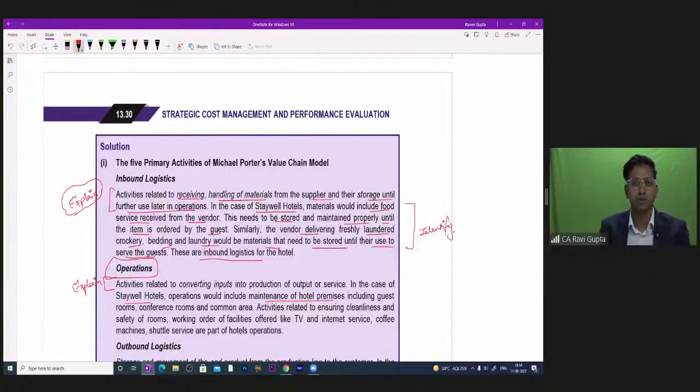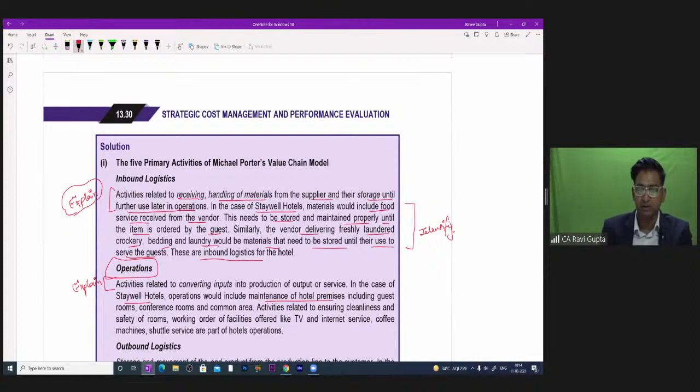What is our output? We have to see what the output is in the hotel industry. The output is the services. The output is the services of the room. That is, we are providing rooms that should be clean. Food services should be proper, hygienic. It should be hygienic and delicious.